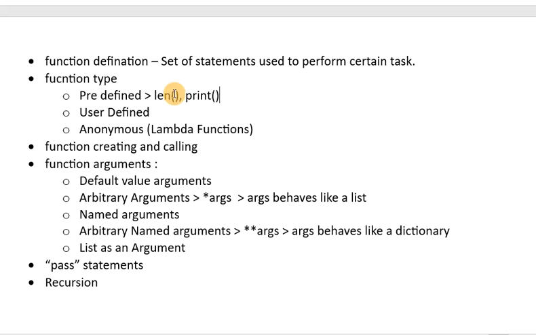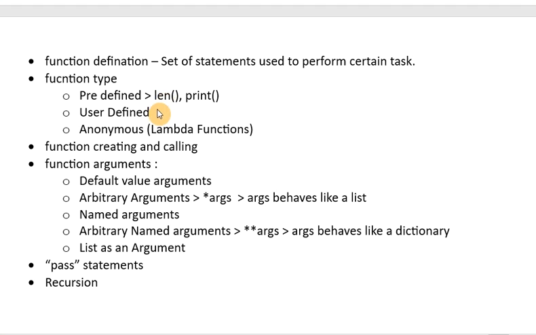Print is also a predefined function, and there are lots of other functions as well. A function whose definition we are not supposed to define, but which we can call, is called predefined. These functions are provided by the framework itself.